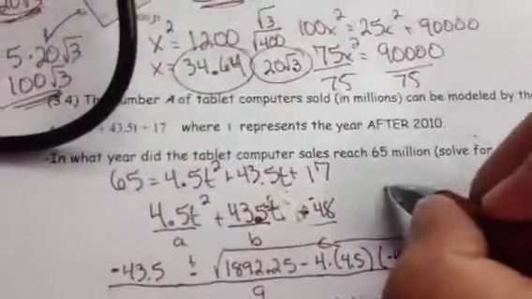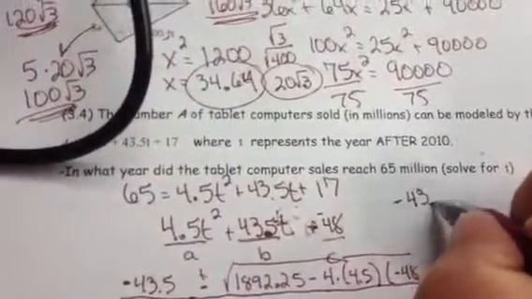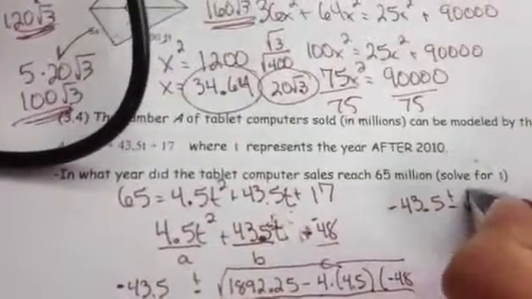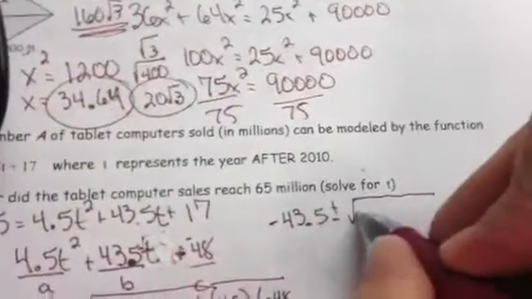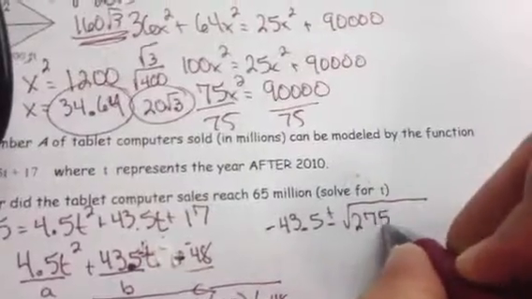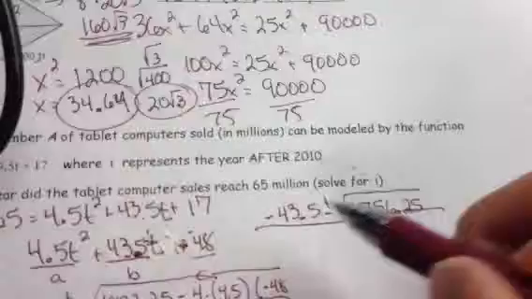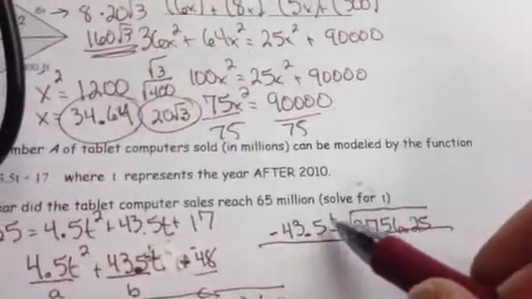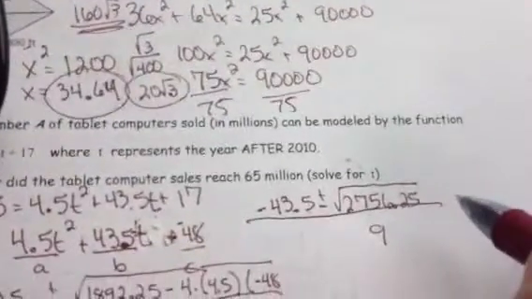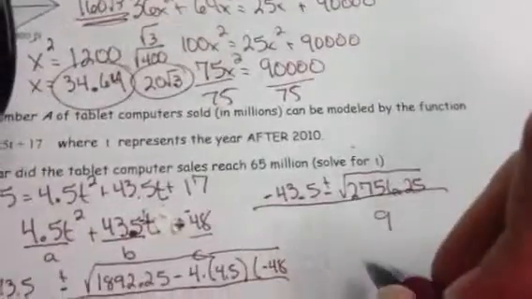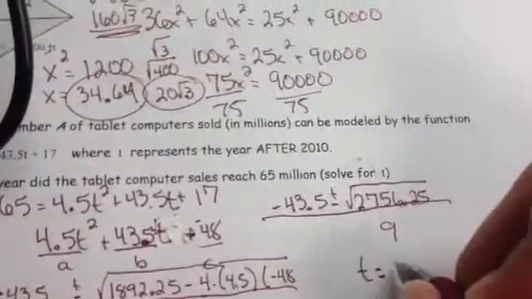And when I'm done, I got this. So moving up here. So here's the opposite of B still, plus or minus, and now I will be taking the square root of this number. And then I go to my calculator and I type in negative 43.5 plus the square root. I hit enter. And then I divide by 9. And as it turns out, I get one really nice answer. That's 1.